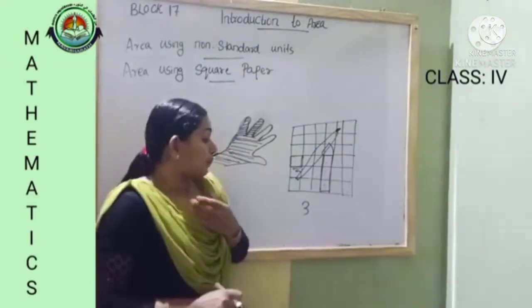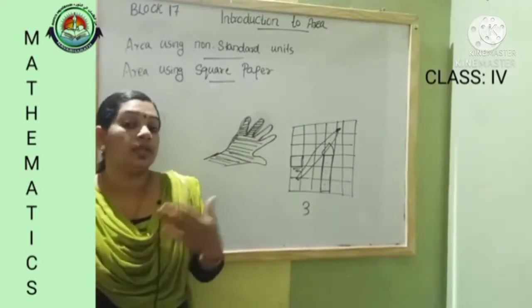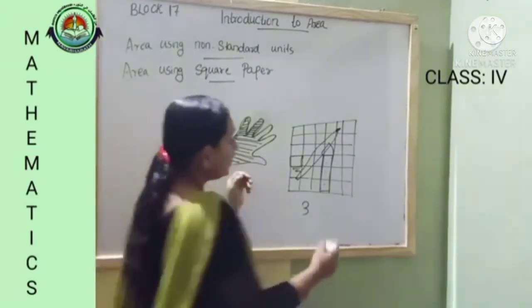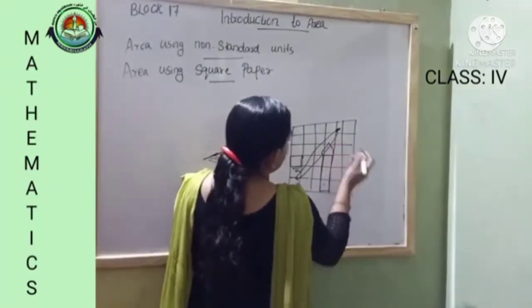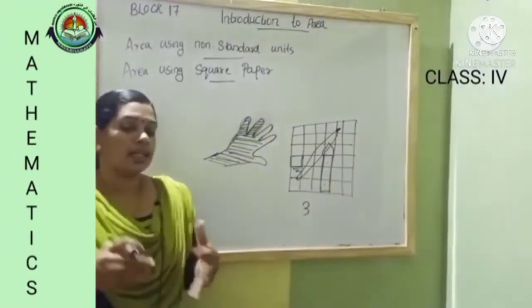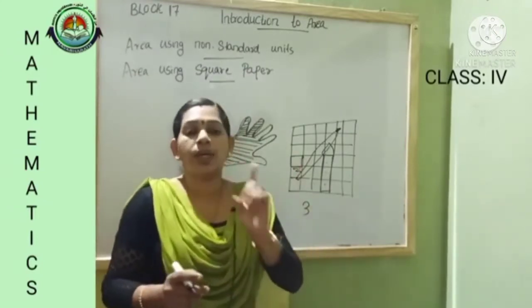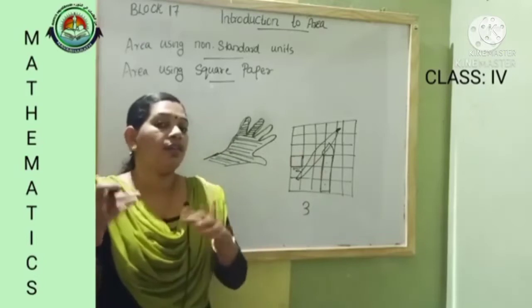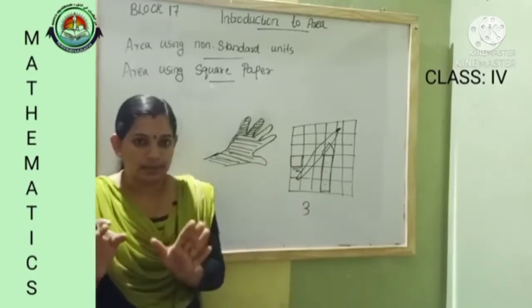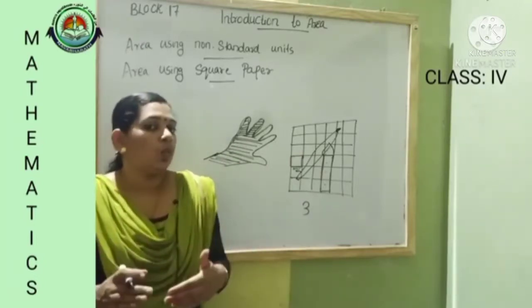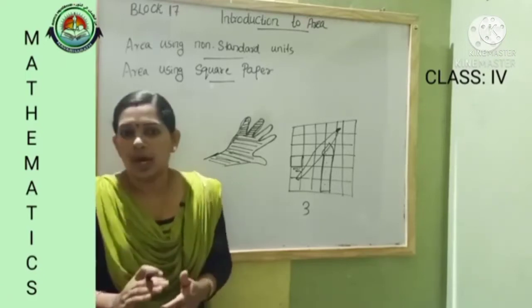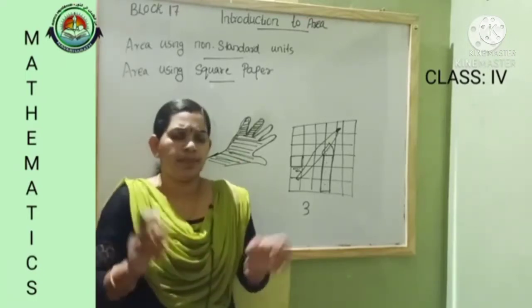Then take the half squares. Any figure that covers more than half a square, we also count as 1. More than half we count as 1 square. Clear?